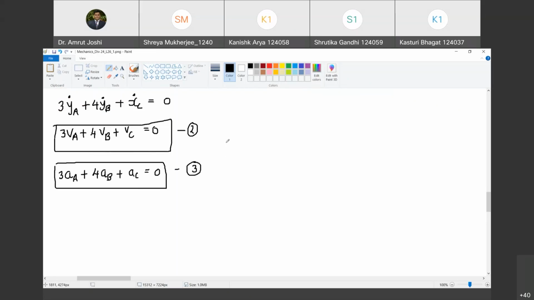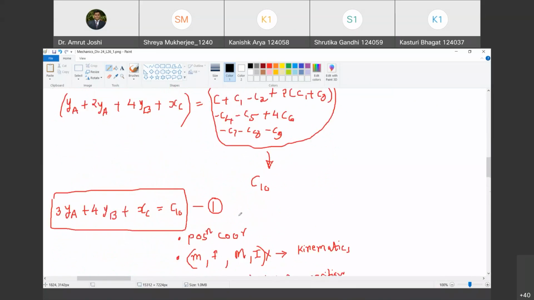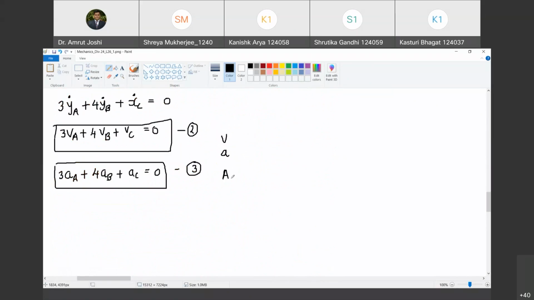Now, what is the sign convention for velocities and accelerations? If it is a vertical velocity, that means if it is associated with A and B, then upward velocity or acceleration is positive and downward velocity and acceleration is negative.